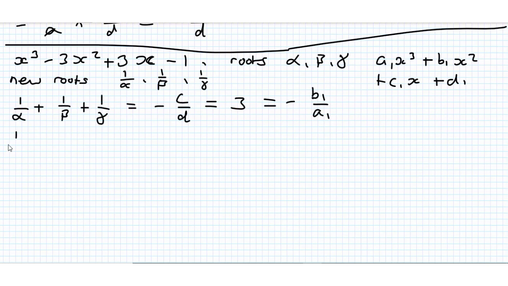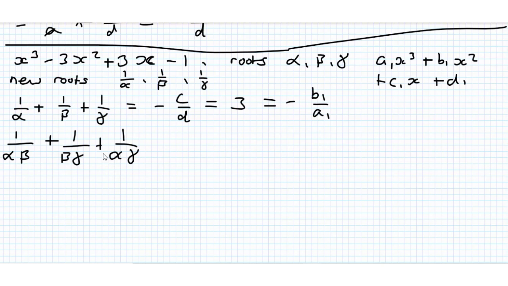Now if we take the sum of the pairs, this is equal to 1 over alpha times 1 over beta plus 1 over beta times 1 over gamma plus 1 over alpha times 1 over gamma.